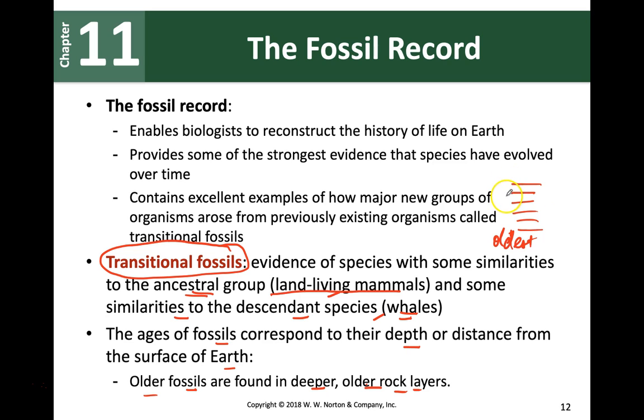And if you find a fossil right here, that's telling you this is a newer fossil coming from an organism which existed maybe a few million years back, versus here, which is maybe 100 million years ago, and this one maybe 10 million years ago. So where you find it under the earth is going to decide how old that fossil is.